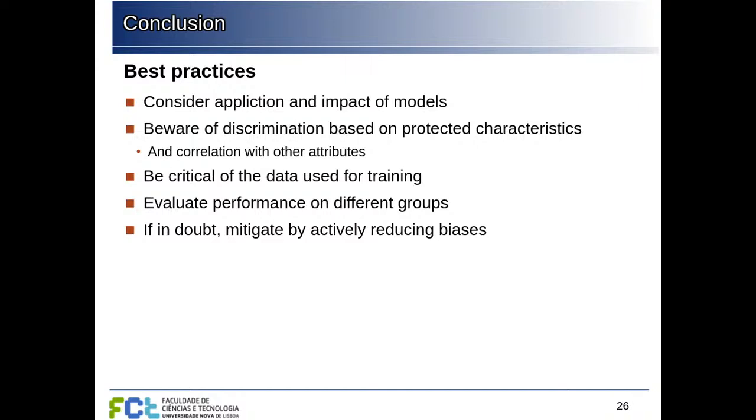So we need to evaluate the performance of our model in different groups whenever fairness is a relevant issue, because overall accuracy, for example, may be hiding some unfair results because our model is not working properly on some minority groups. And if things are really important and we have questions, we should try to mitigate by actively reducing biases.